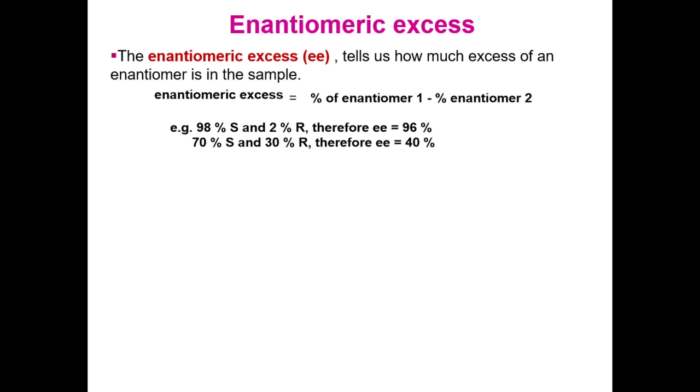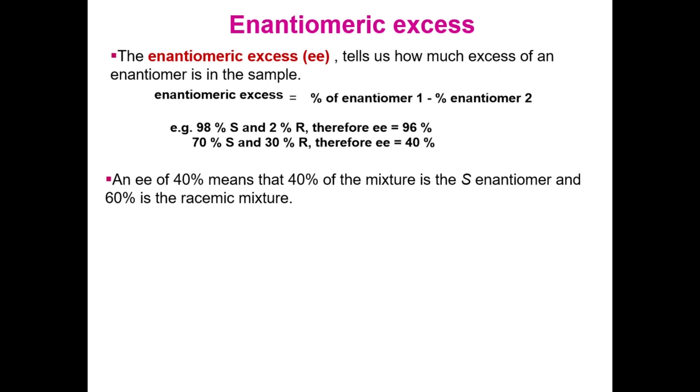Let's look at an example. Say we have a sample and we know we have 98% S and 2% R. Therefore, the EE is 98 minus 2, which is 96% EE. Let's say we have 70% S and 30% R. Then our EE is 40%, because 70 minus 30 equals 40.